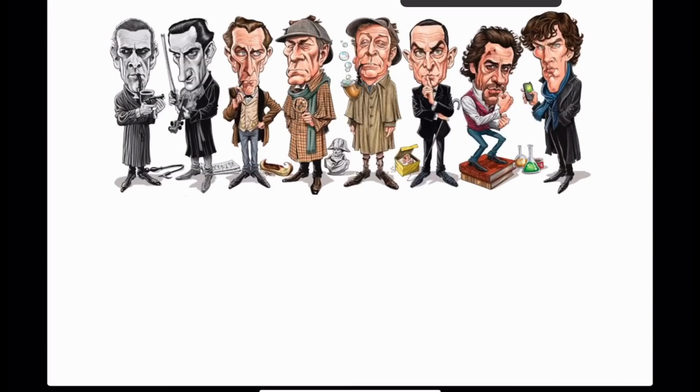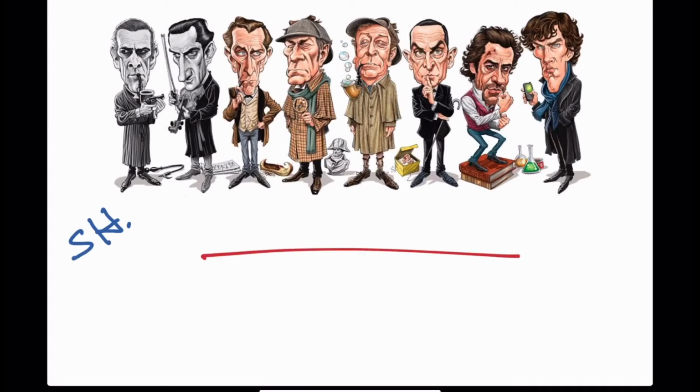Then we have another example. Do you remember? We talked about Sherlock Holmes. Here is an evolution of the character according to the actors that have represented Sherlock Holmes during all the movies. But we need to talk about Sherlock Holmes as a specific story. Remember that it has several books.